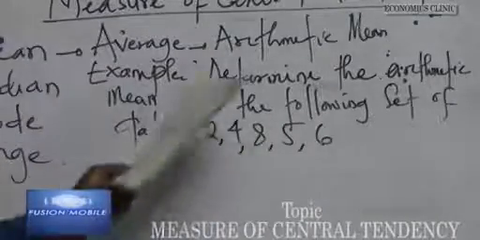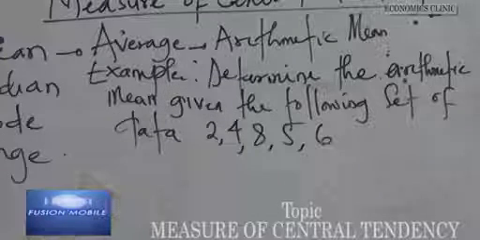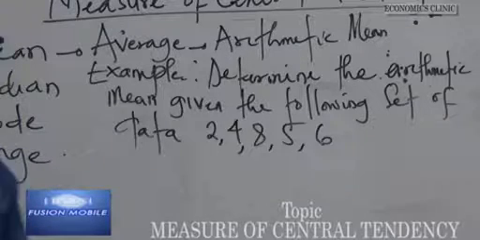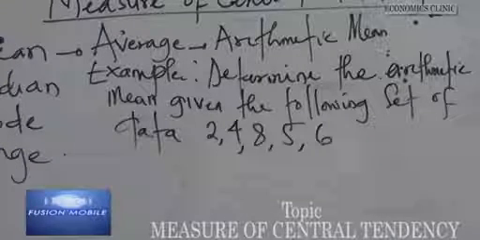Now to look for the mean here, I said mean is the summation of the total series of a given distribution divided by the number of times they appear.